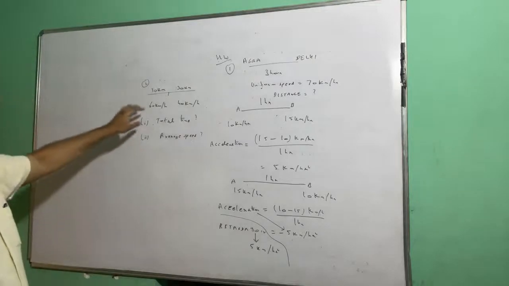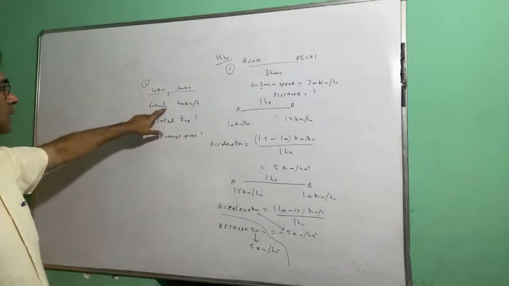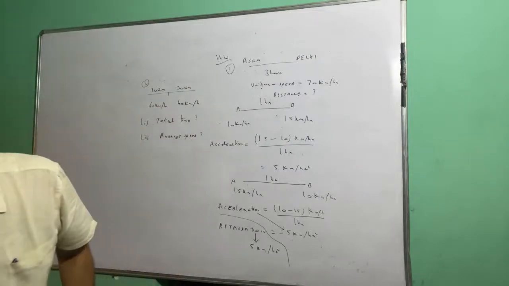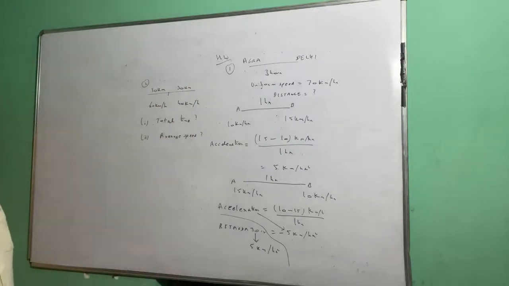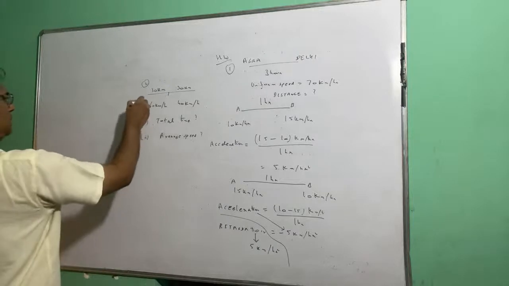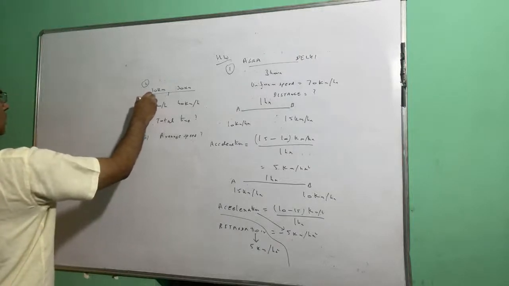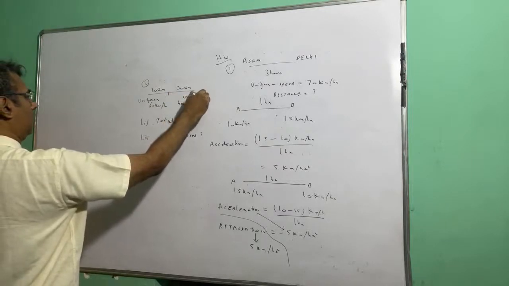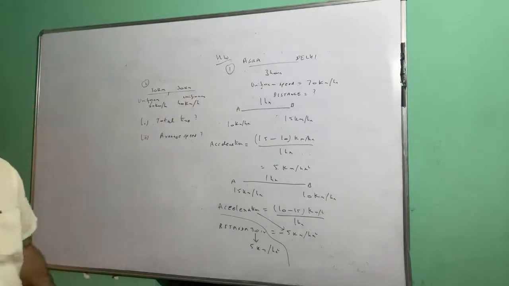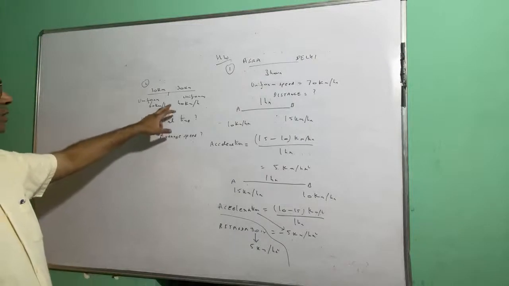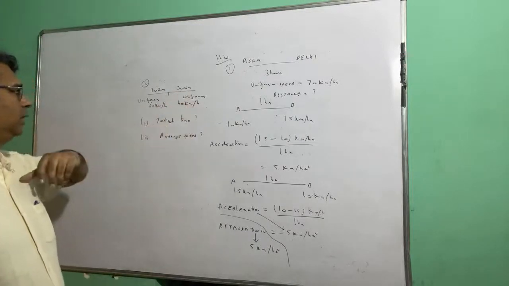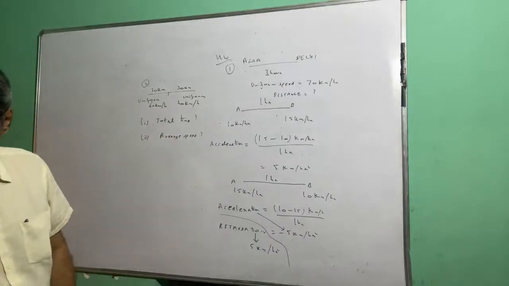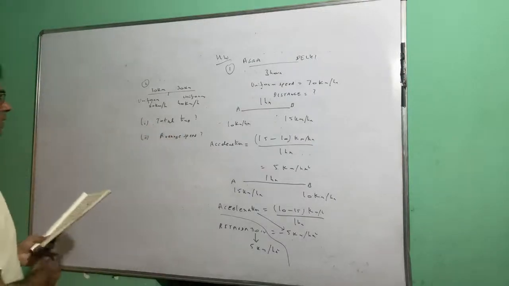And by the way, these are uniform speeds. So first 30 km is uniform 60 km per hour, next 30 km is uniform 40 km per hour. What is the total journey time and what is the average speed? So this is number 2.